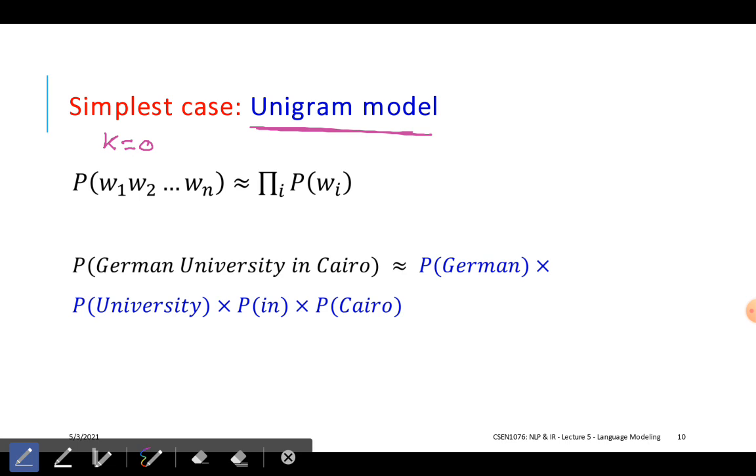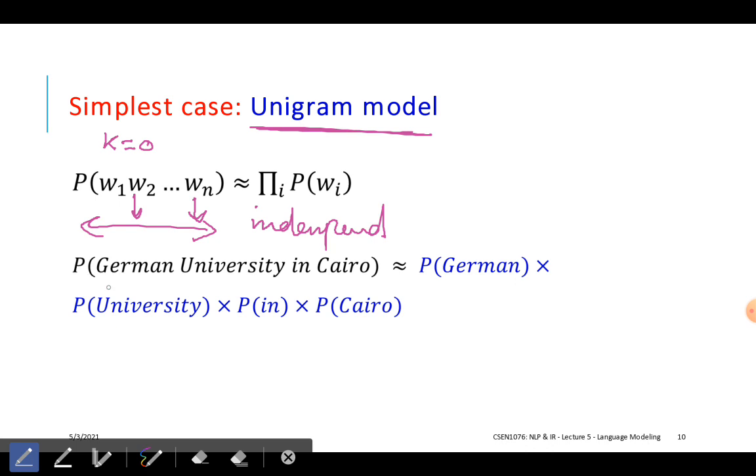So you basically compute each word's probability in isolation, and then you multiply all of them, which makes the words independent. This is not the best approach, but it's one of the approaches that you can actually use, and it will prove to be useful later in the discussion of how to better improve the accuracy.